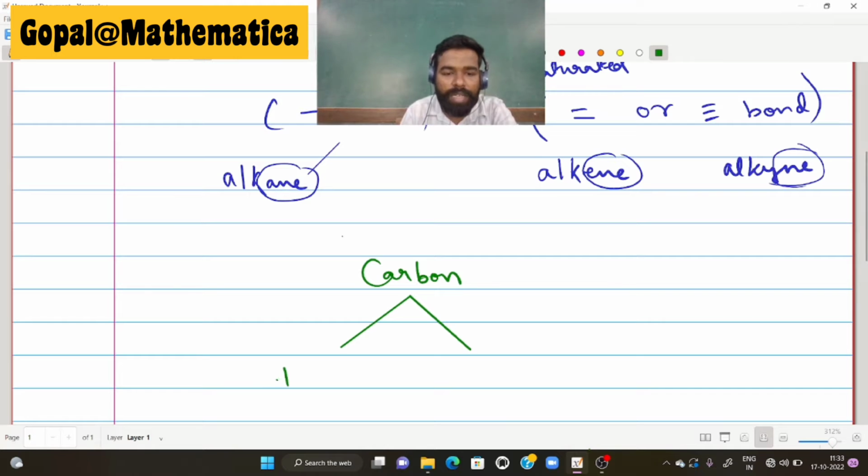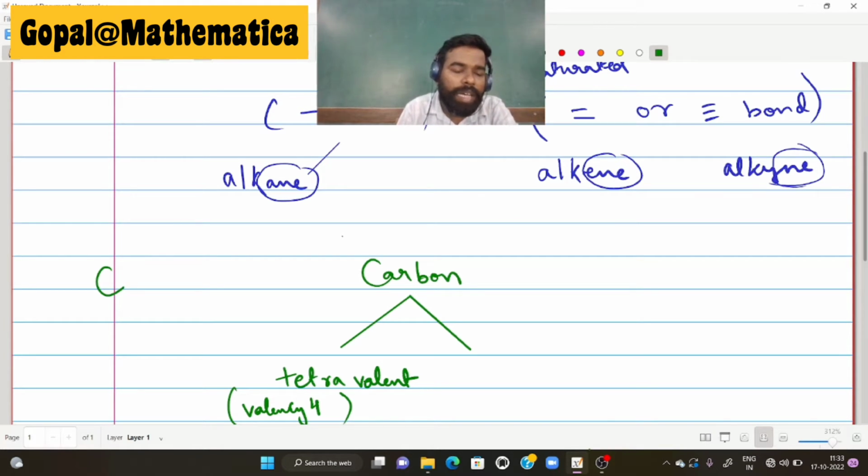Carbon is tetravalent, which means valency 4. As we all know, carbon has atomic number 6, so when we do the electronic configuration, we see that the first shell has 2 and the next shell contains 4. So the valency is 4. This is why carbon is special.